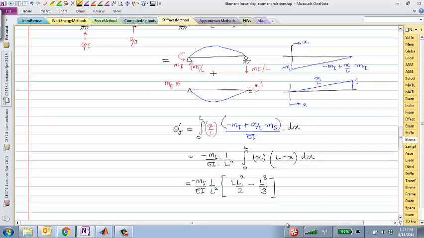So what I get is this L square cancels off, and I get minus mi L over 6 EI. Let's make sure that's correct.